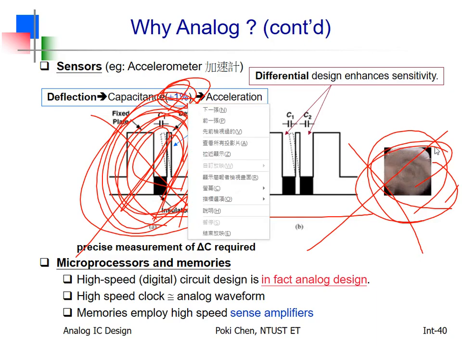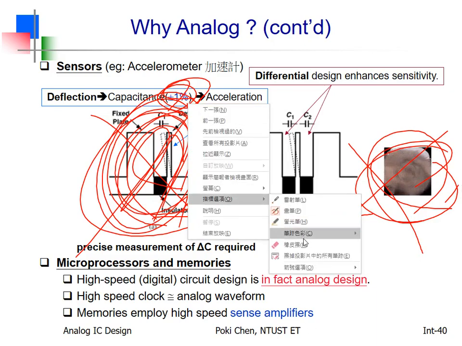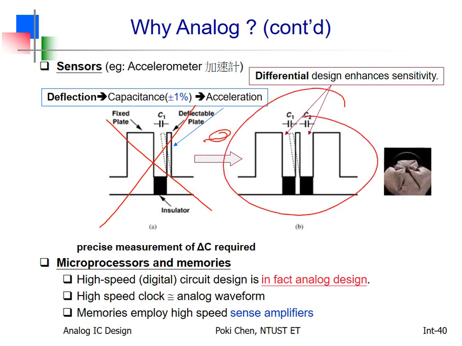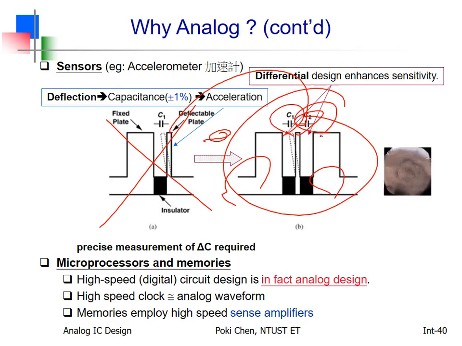So we have the second version. After the sacrifice of many human lives, we tried to redesign it to become this. That is a better idea. You can see right now we have two fixed plates and the same deflectable plate in the middle. If nothing is wrong, if you drive the car at constant speed, then C1 and C2 will be exactly the same, ideally.